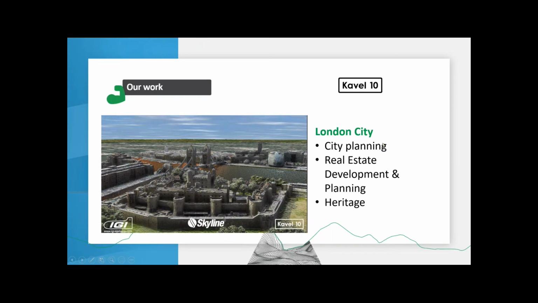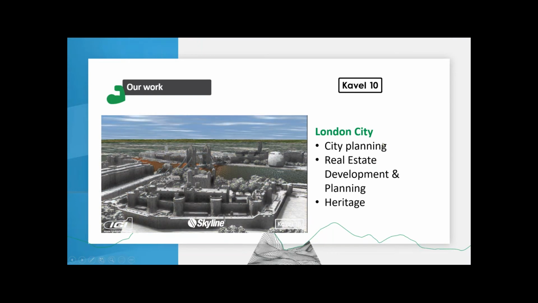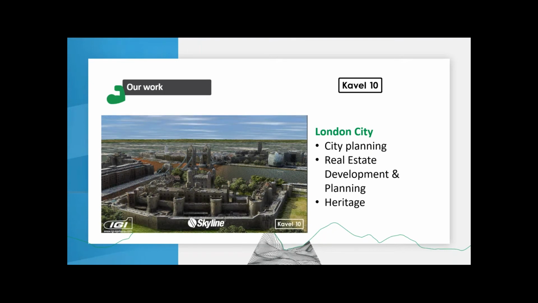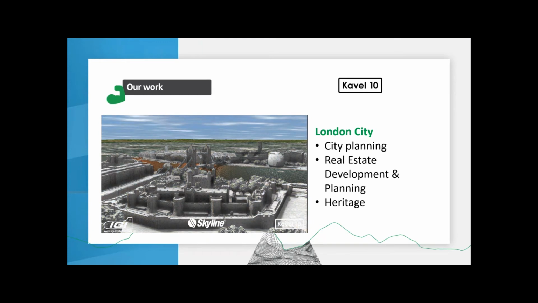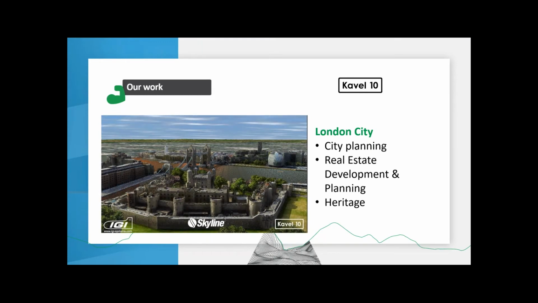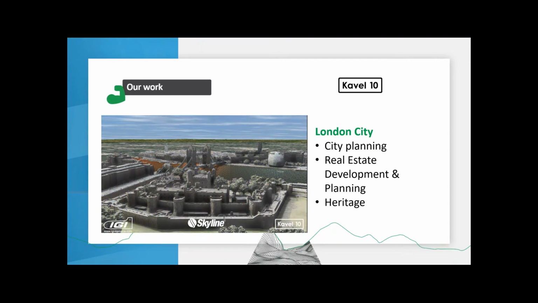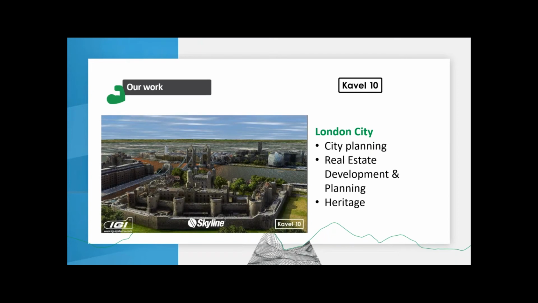So what is it used for? We've done several projects in London in the meantime. So main goals are for city planning. Also, it is used a lot for real estate. London, of course, has a lot of very high buildings, and it is a city which develops very fast.